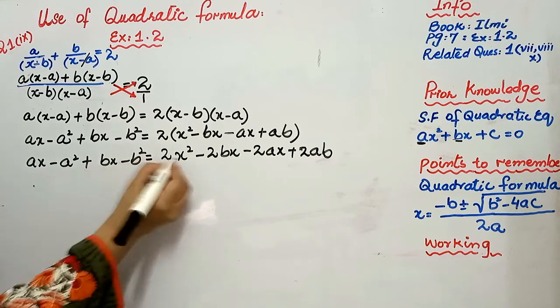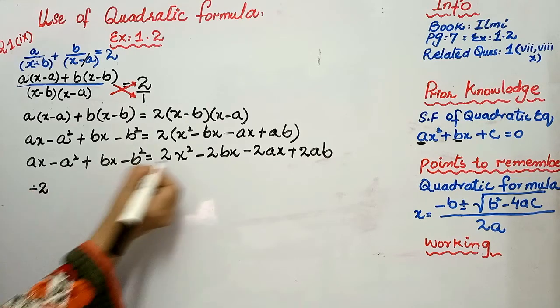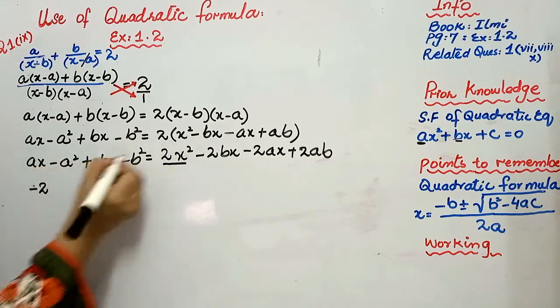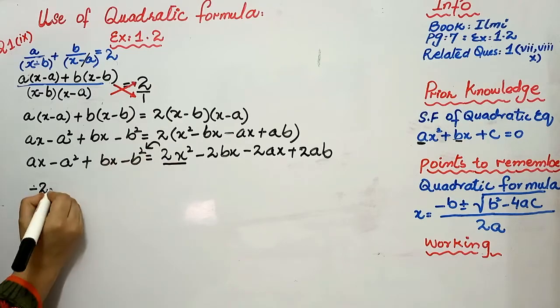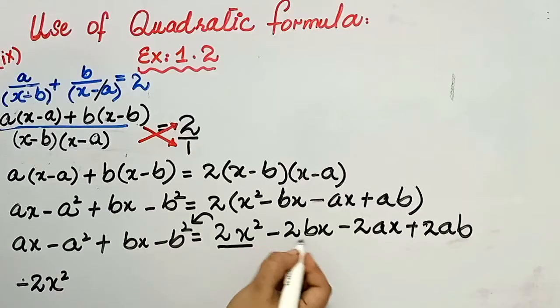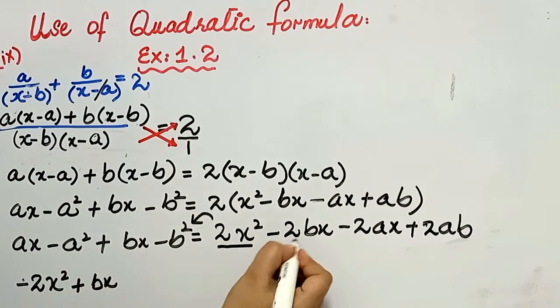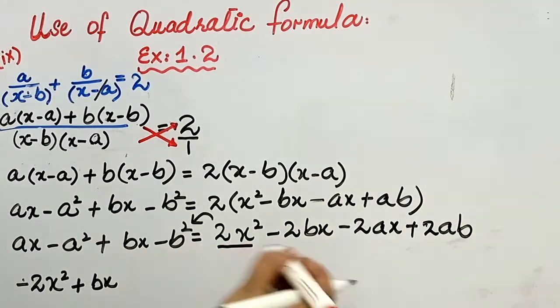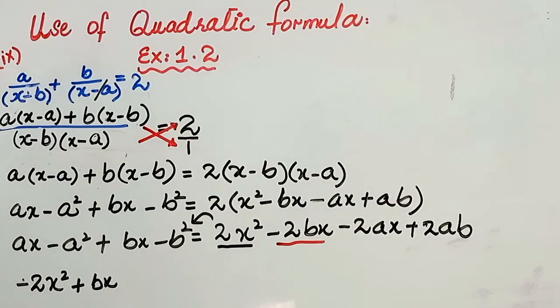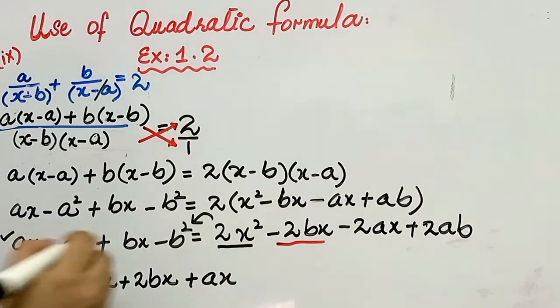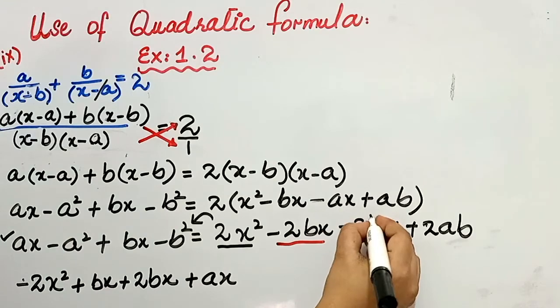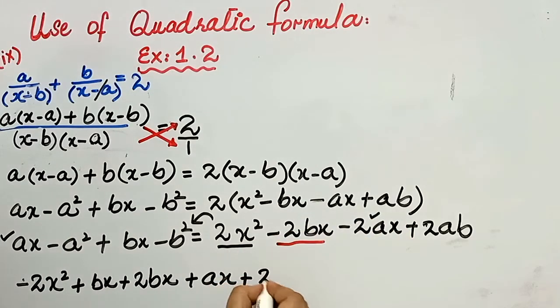So it will be minus 2 when this will come over here. So it will be minus 2x square, this minus 2bx plus bx and this minus 2bx plus 2bx plus ax, this one, and plus 2ax.